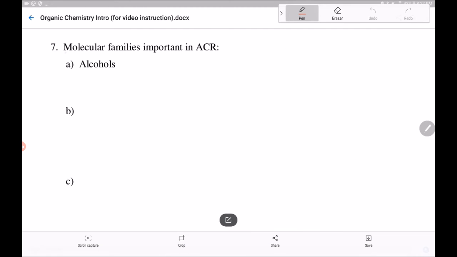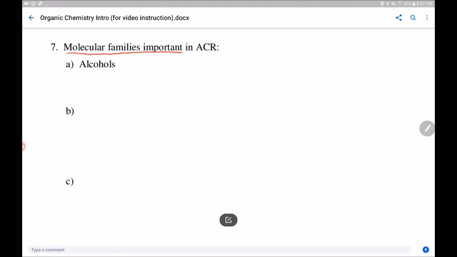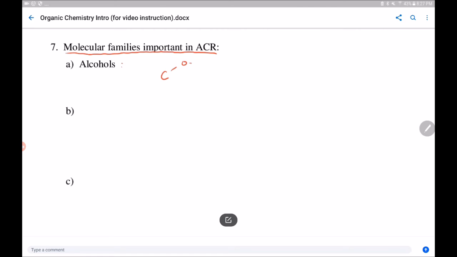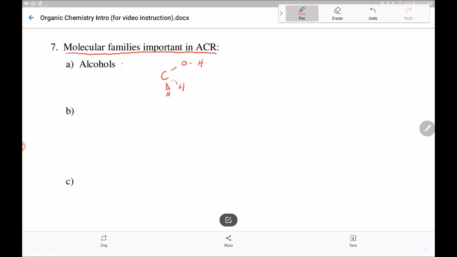Okay, so there are three families that I want you to be able to recognize when you see them in ACR. They're very common. We use them frequently. The first is the alcohols. We've seen examples above. These are carbon bonded to an OH. Often there are hydrogens here, but sometimes this could be a carbon, and this could be anything you want.